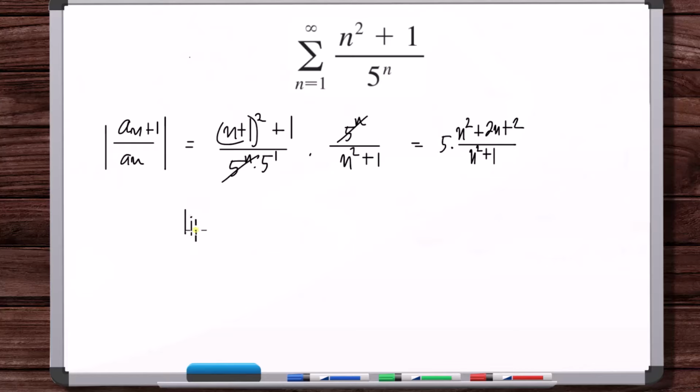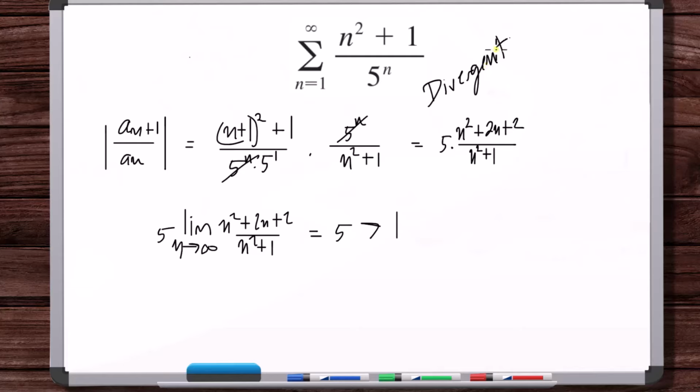So what is the limit as n goes to infinity? We bring that 5 out of n squared plus 2n plus 2 over n squared plus 1. This limit is 1. So 5, that's greater than 1, so this is divergent. Or wait, no, I'm sorry.